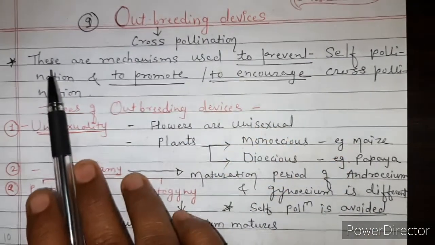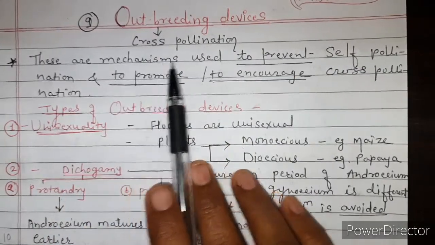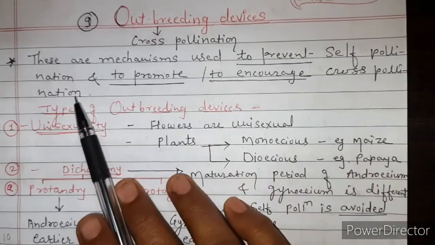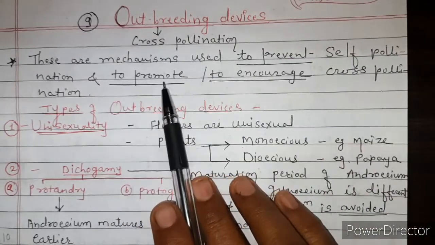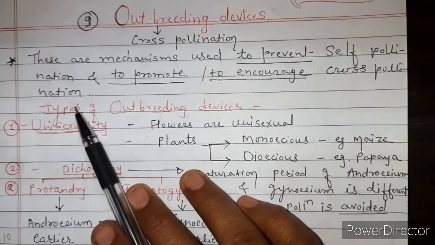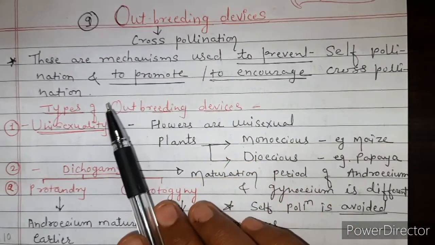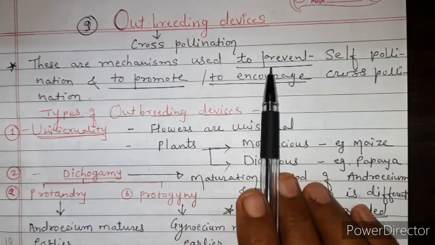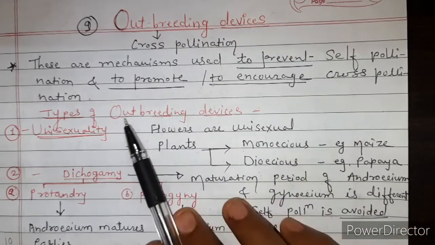So, outbreeding devices are the mechanisms used to prevent self pollination and to promote or encourage cross pollination. They are the mechanisms produced in the plants to avoid self pollination and to promote cross pollination.